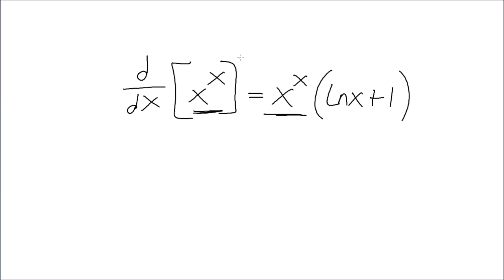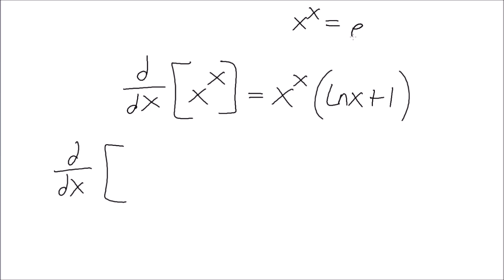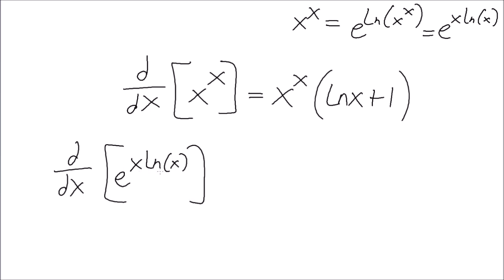The reason this comes to be is that x to the x, if you take the log and then take the exponent out, as a logarithm law, equals e to the x ln x. Then it's the chain rule of the derivative that I showed you before, which you must memorize by heart.